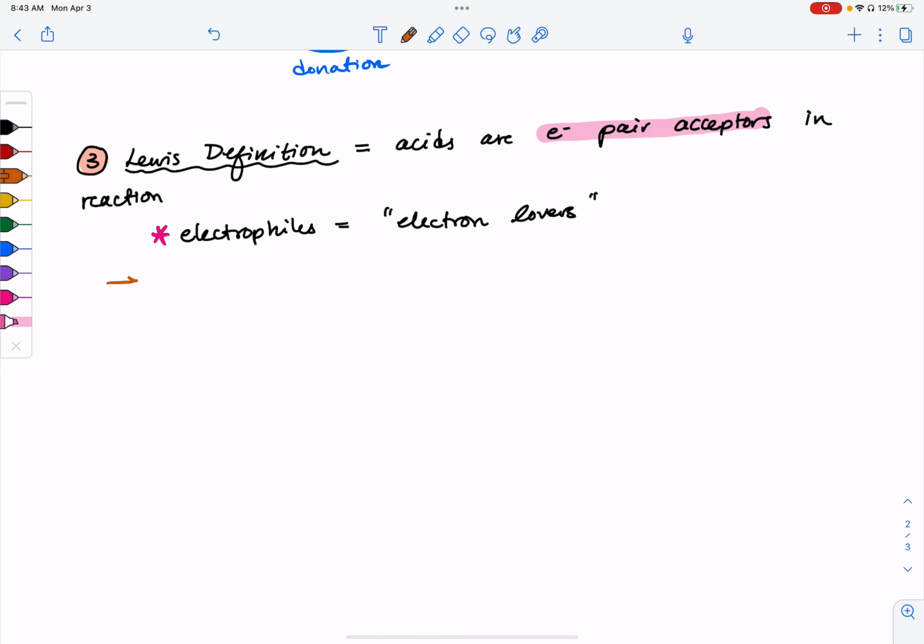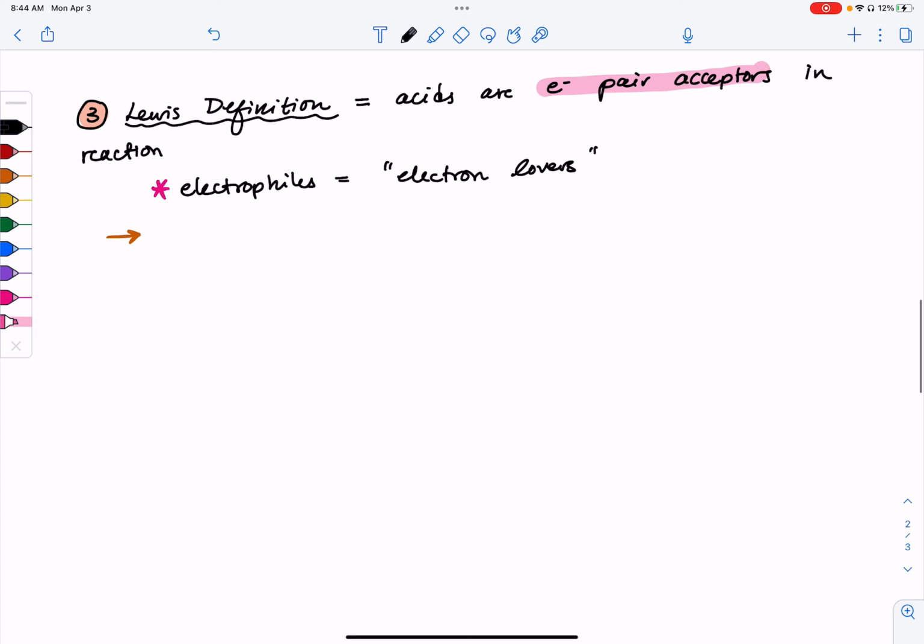And there's a little bit more detail to add to this Lewis definition of what an acid does in solution. So it's not simply that acids are electron pair acceptors in reaction.